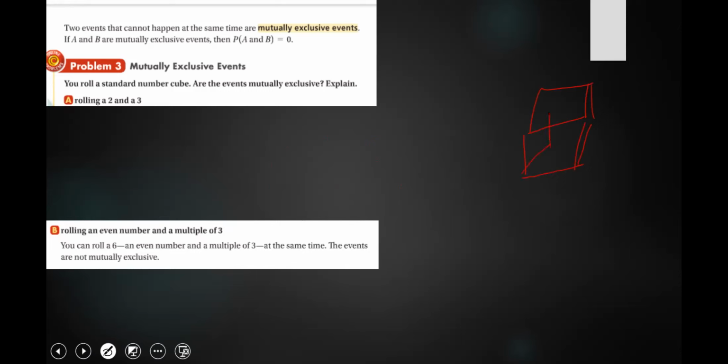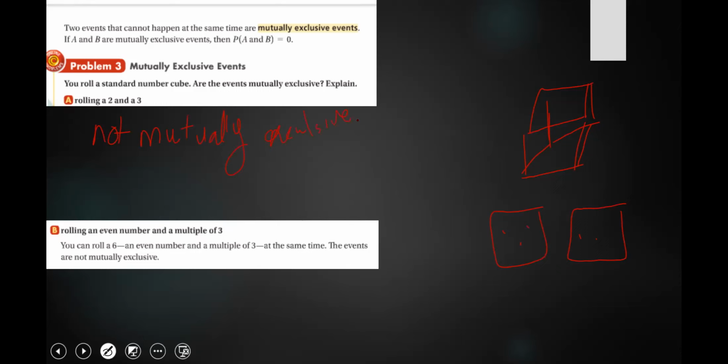So if you roll it, you only have to give a number. Can you roll a number 2 and a number 3 at the same time? No. I can either say 2 or 3. So this is mutually exclusive.